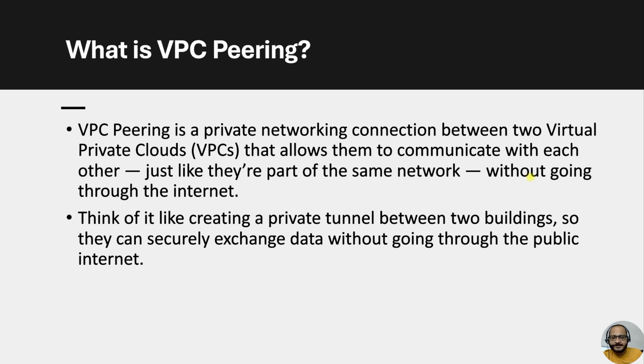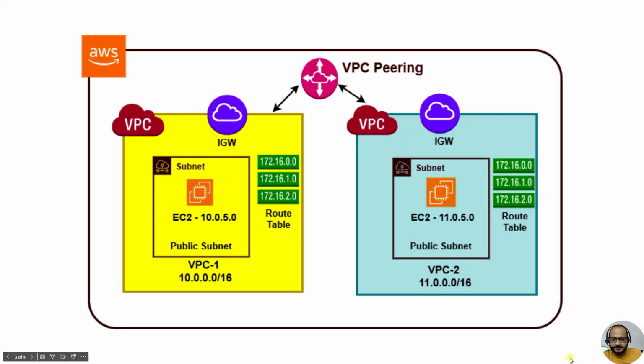So how can you set up a connection between two different networks? For that purpose we use VPC peering. Basically it will create a private tunnel between two virtual private clouds, and all the communication happens through that tunnel itself. So let's understand with the help of a diagram.